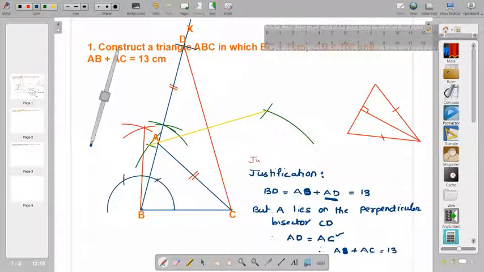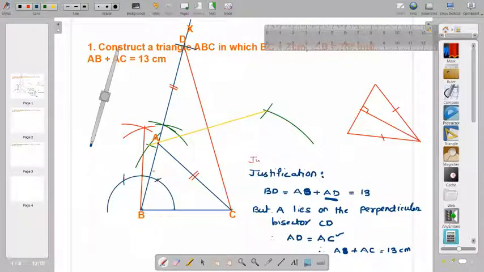13 centimeters. Now you observe this triangle ABC, which is constructed with the blue line segments.